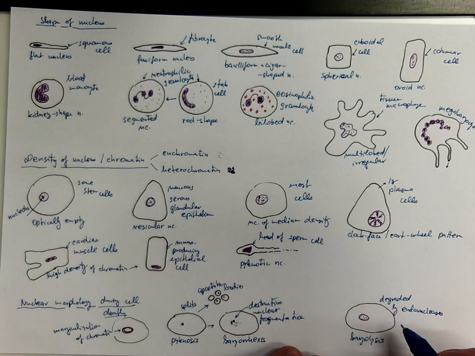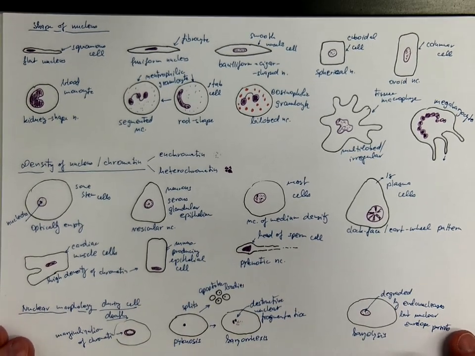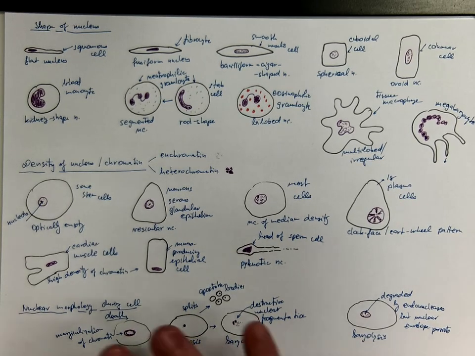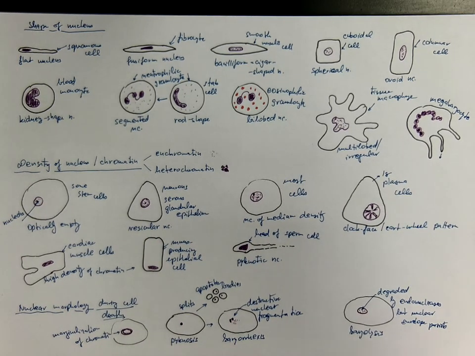But the nuclear envelope persists for some time. The reality in normal histological sections is much more complex. So this is like the first attempt to facilitate your contact with the various forms of nuclei, density of chromatin, and good luck with that.